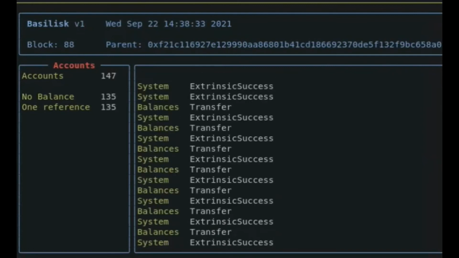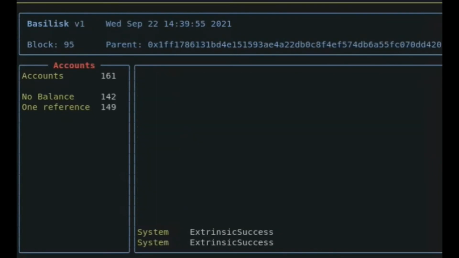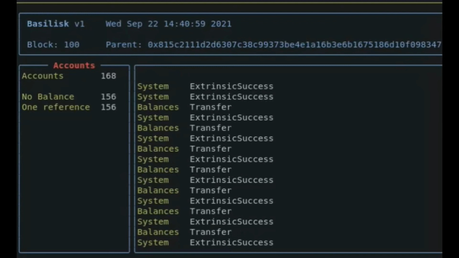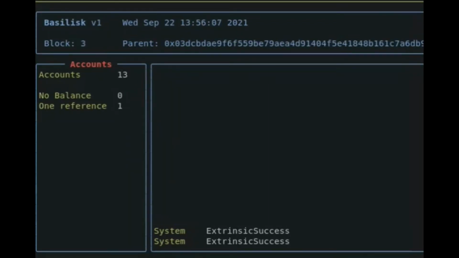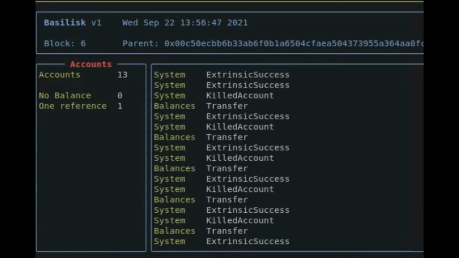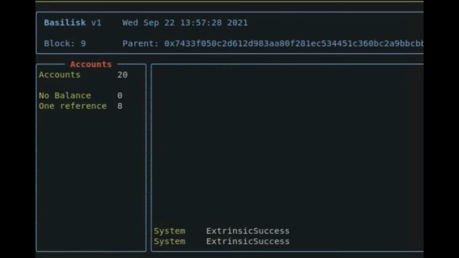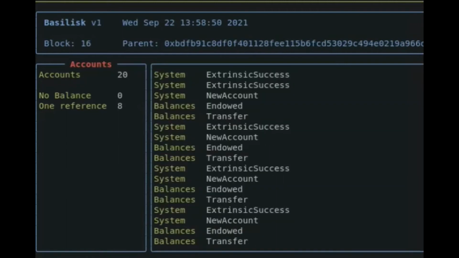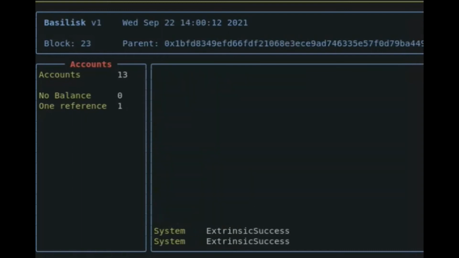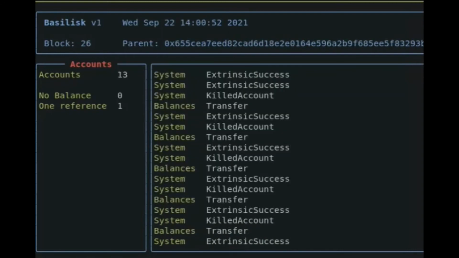So now we can play the second video, where we actually set the existential deposit to some reasonable number greater than 0. We can immediately see the difference. We can see the killed account, which we haven't seen in the previous example.